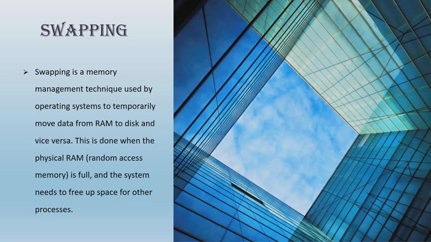However, swapping comes with a performance cost since accessing data from storage is slower than accessing it from the RAM. Excessive swapping can lead to a decrease in system performance known as thrashing, as the system spends more time moving data between RAM and the storage than actually performing useful tasks.